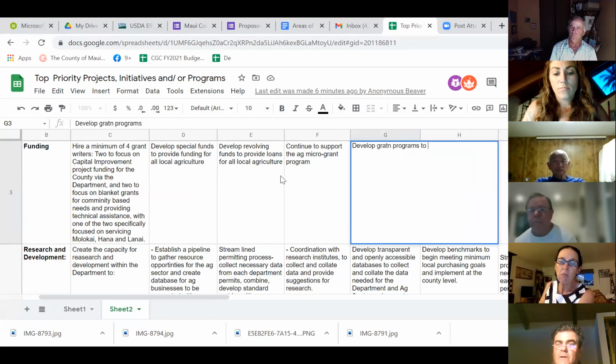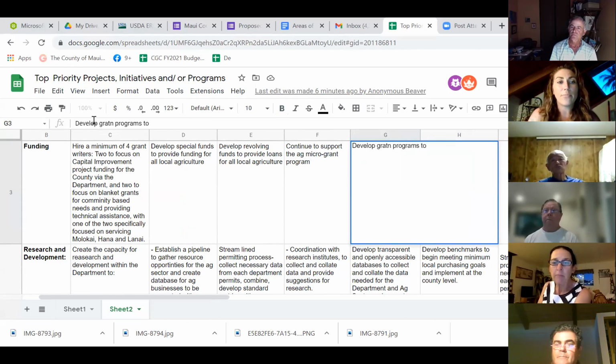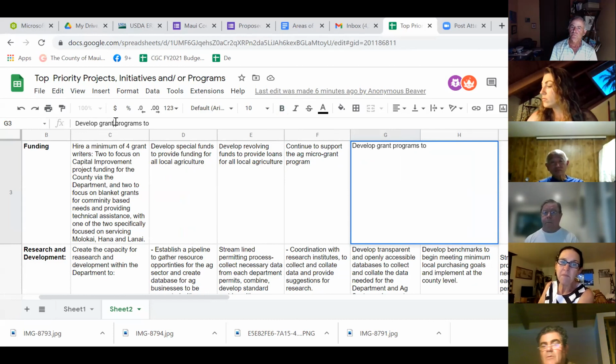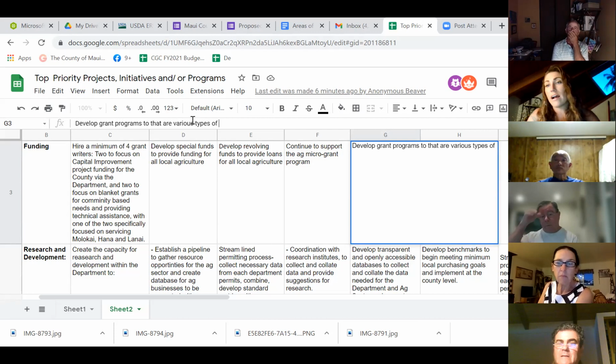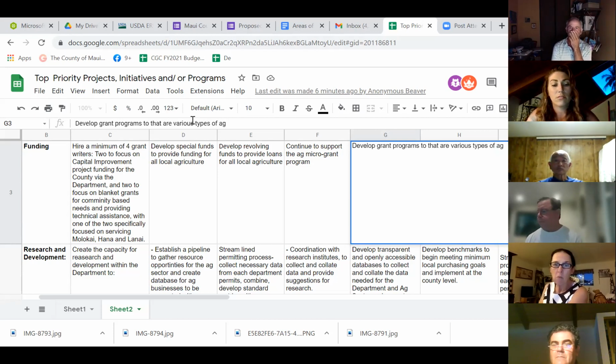At 12 acres, you're out. Okay, so develop grant programs that are accessible by various types of farmers or ag producers, or agricultural operations? Either way. Various types and sizes.